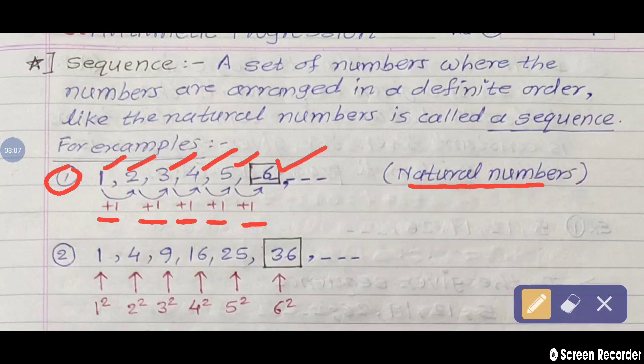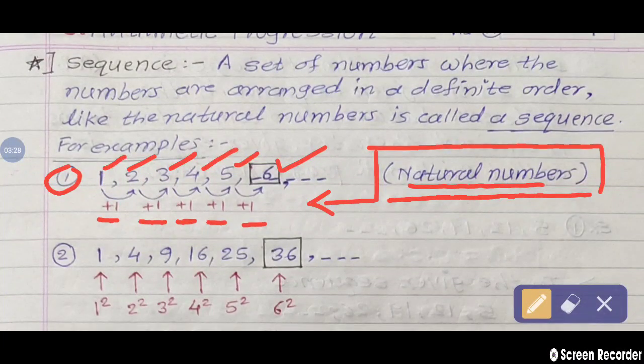So in this way, there is a definite order between the consecutive terms or numbers. So this is an example of a sequence, and these numbers are the set of natural numbers. All of you understood this?